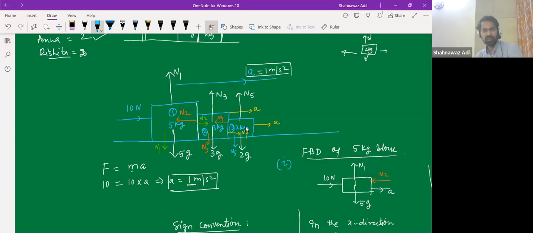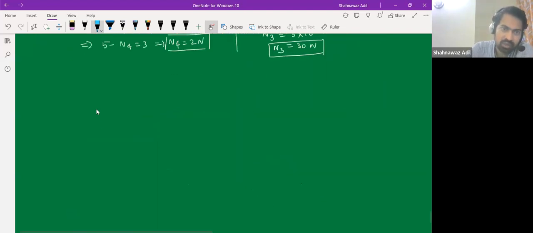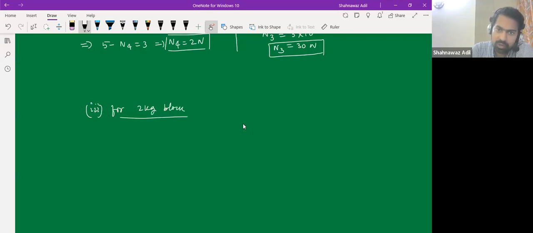No, sir. Okay, so let us write down the free body diagram of the 2 kg block. So we have this 2 kg block, and it has some weight and then normal reaction, which is N5.